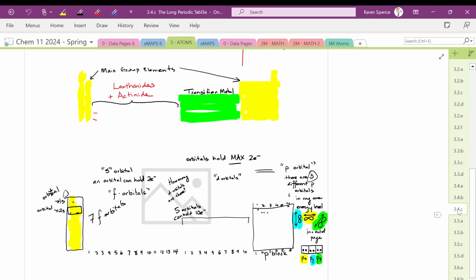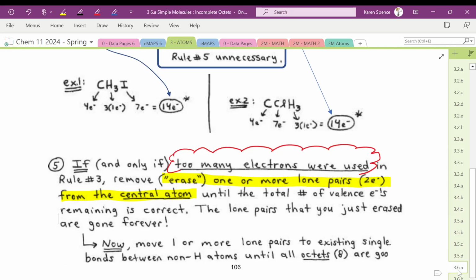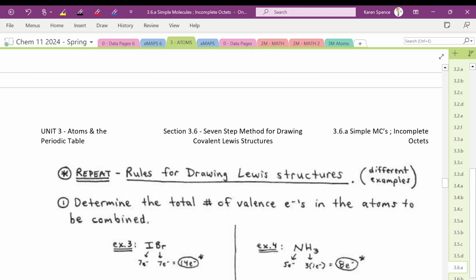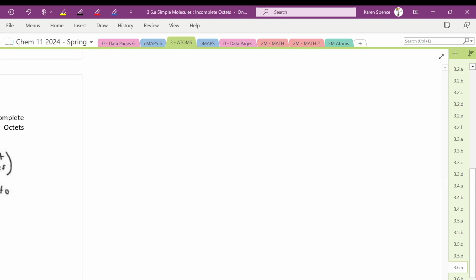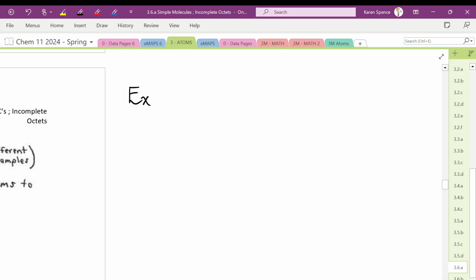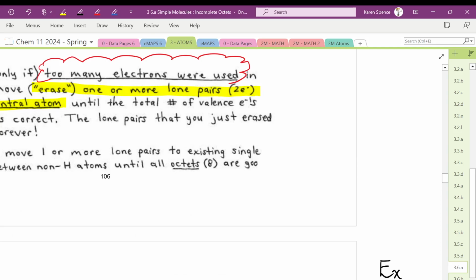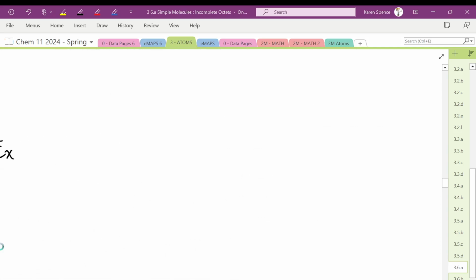So back here, there we go. Okay, we're going to try this example, which is given on page 107.